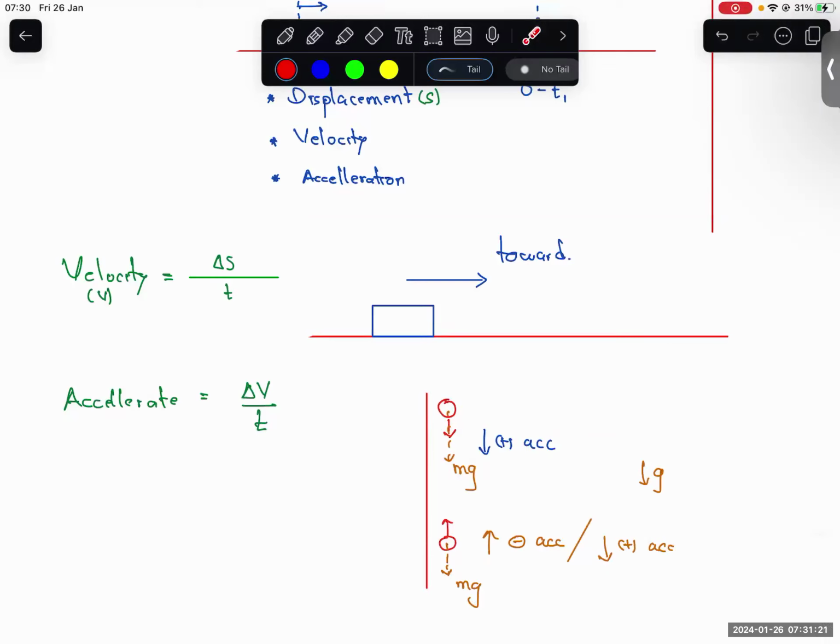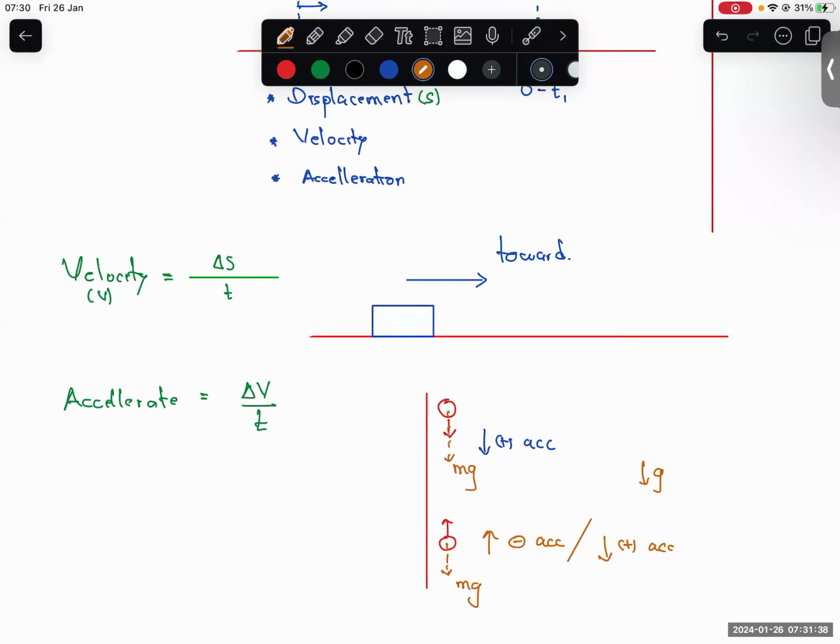Sometimes there are two MCQs. One MCQ will definitely be there on linear motion. So if you study this, you can score the marks.